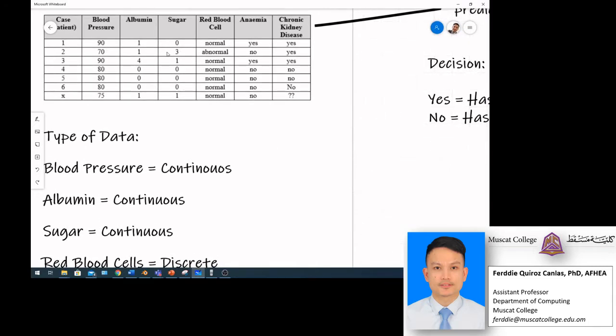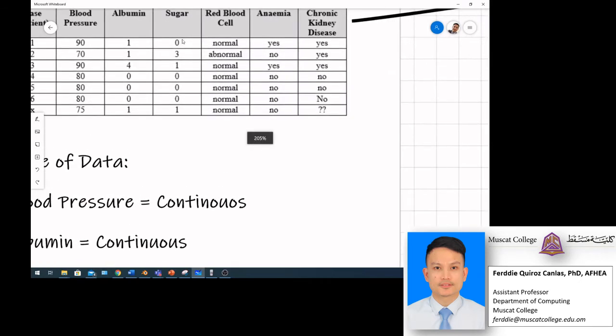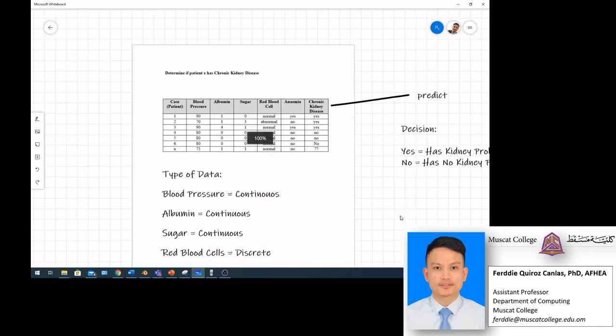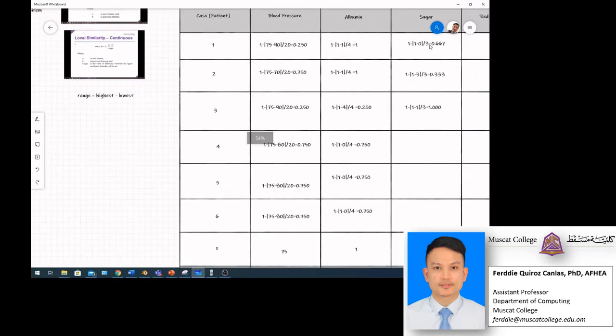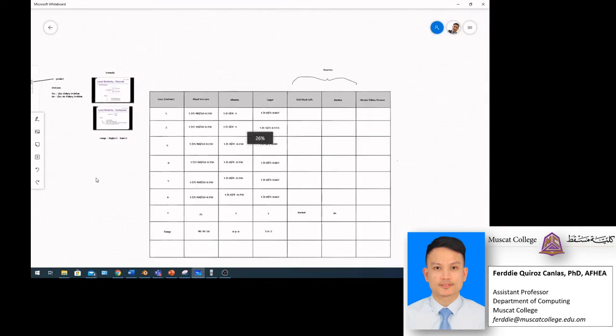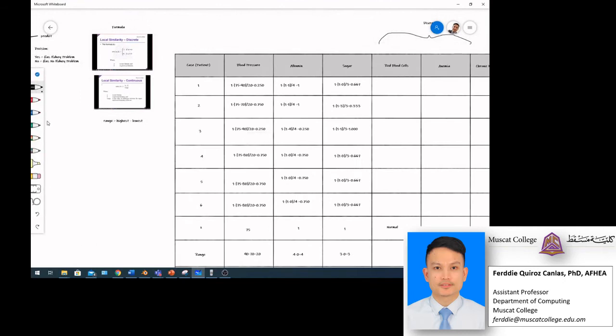It's similar to case 1, so patients 4, 5, 6 have the same value of 0. Just copy the calculation we've made and paste it to the succeeding patients. Not much calculation is required. Copy this, paste it 3 times, and place it here. So far we're done with the continuous values.